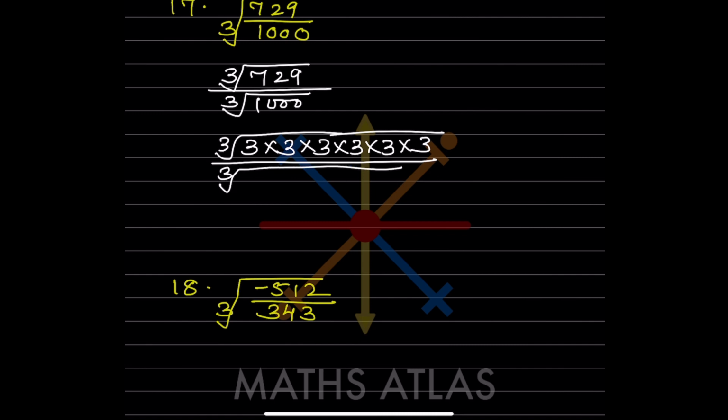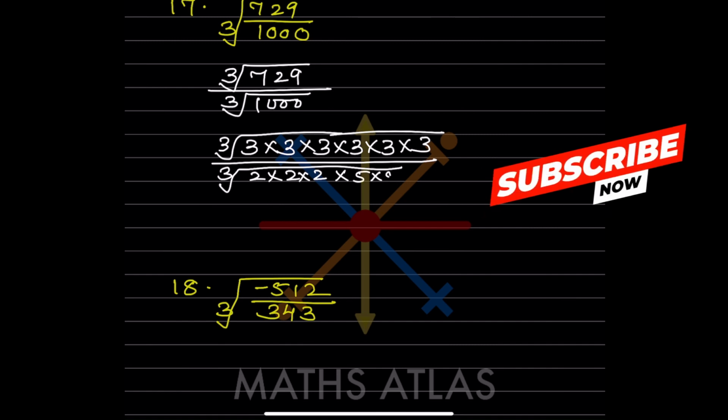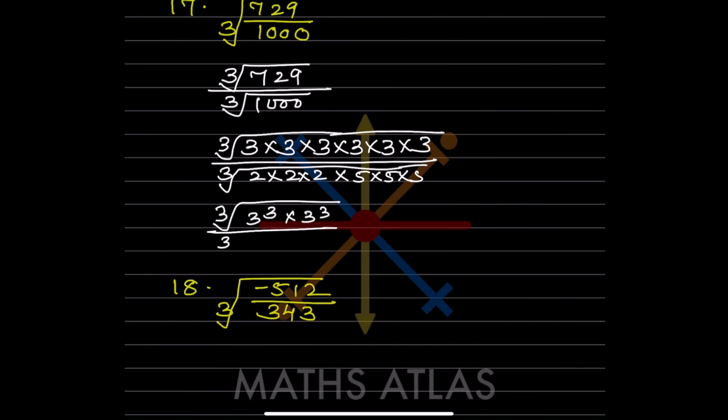Again that 10 can be written 2 into 5, or you can find the factors separately, 2 into 5, 2 into 5 and 2 into 5. So 2 is going to be 3 times and 5 is going to be 3 times. So that should be 3 into 3 divided by 2 into 5. So 9 by 10.